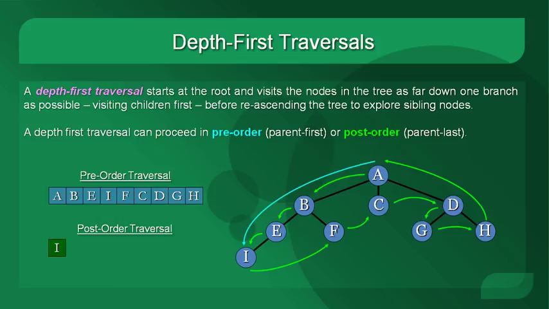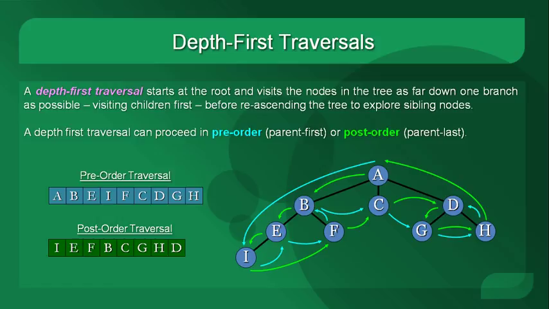And then I does not have any siblings, so we visit its parent, E. And then we visit the sibling of E, F. From there we go to the parent, B. And then we go to the sibling node, C. C does not have any children, so we go to its sibling, the D subtree. D has 2 children, so we start with G, then H. Then we visit D, the parent, and then finally we visit the root.